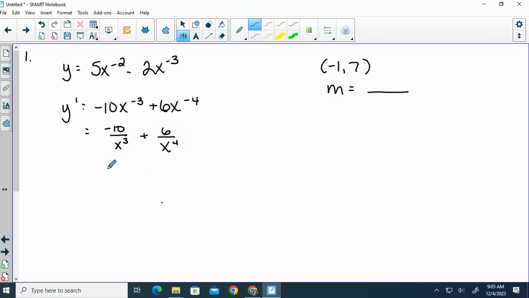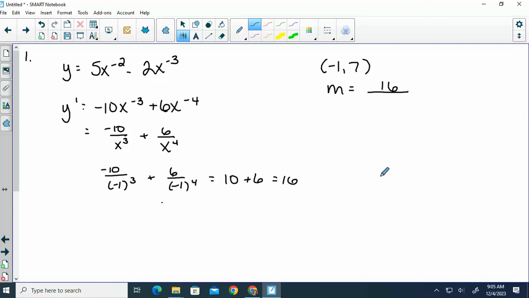So if we plug in a negative 1, negative 1 cubed is negative 1, so negative 10 divided by negative 1 is 10. Negative 1 to the 4th is a positive, so we get 16.